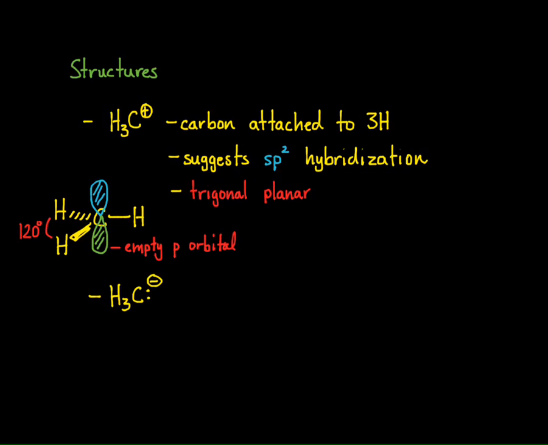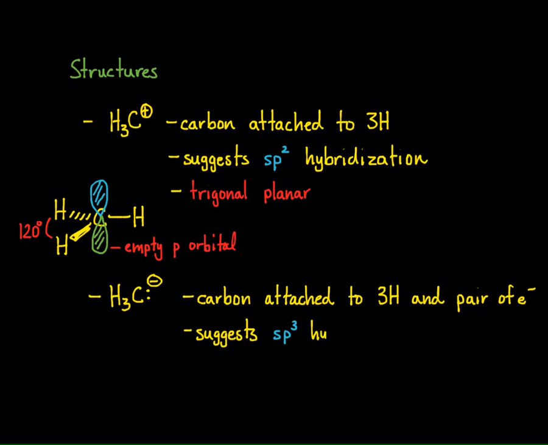Now, if we think about the methyl anion, carbanion, we see that the carbon is attached to 3 hydrogens and a pair of electrons. So there are actually 4 pairs of electrons around the carbon. This suggests sp3 hybridization, and the geometry of an sp3 hybridized atom is tetrahedral. So what does this look like?